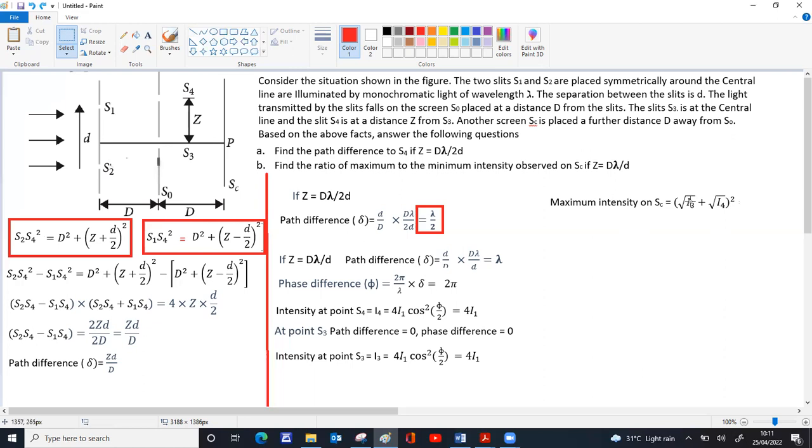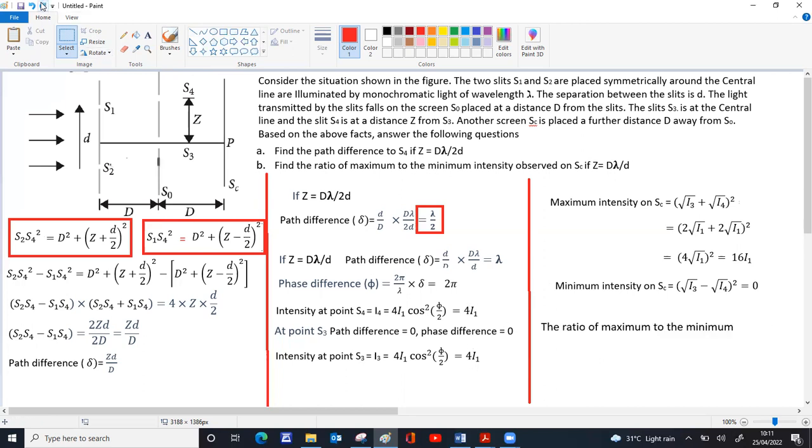Both are 4I1, so root gives 2 root I1. So 2 root I1 plus 2 root I1 the whole square, 4 root I1, squaring gives 16I1. For minimum intensity, it is subtract and square. So root I3 minus root I4 the whole square. Since root I3 and root I4 are both 2 root I1, that will be 0.